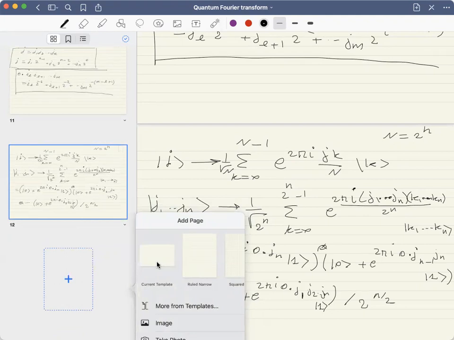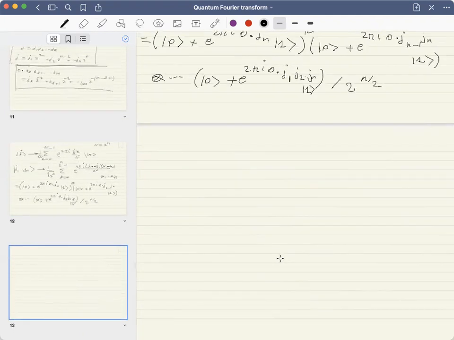So how about we do that for 2 qubits to see what things look like. So let's do an example with 2 qubits.